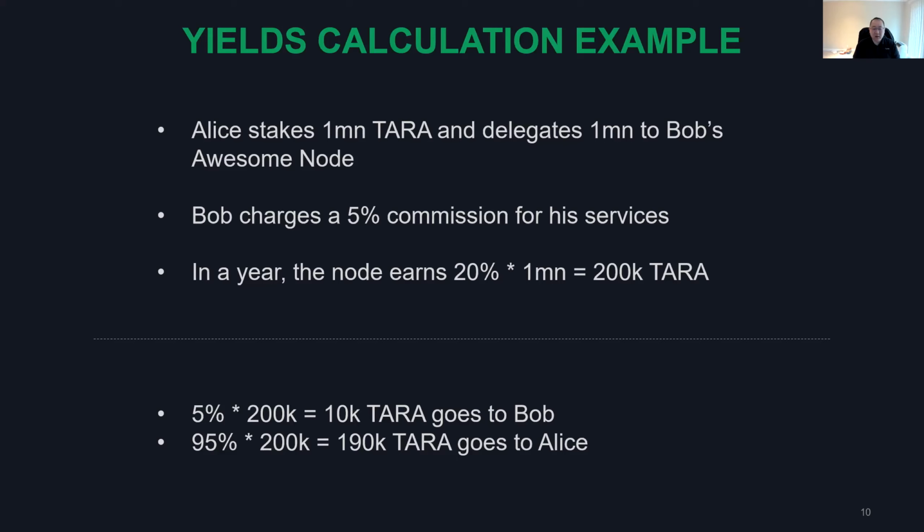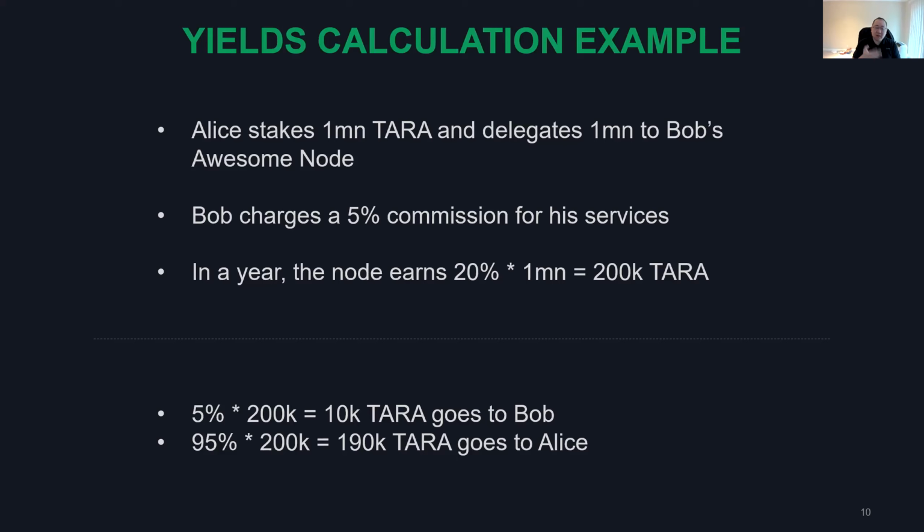So I'm going to earn significantly less than 20%, because yields happen in block rewards. If I'm not producing the number of blocks I'm supposed to produce in proportion to my delegation, because my uptime is poor or for whatever other reason, then I will not earn 20%. I will earn much less than 20%.